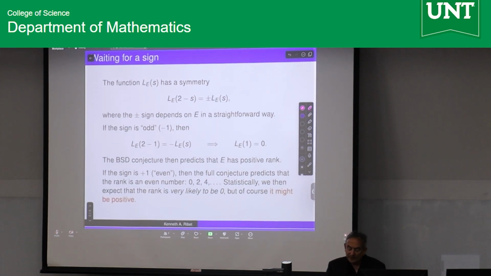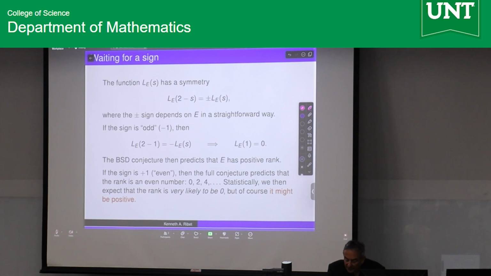But the thing I want to explain quickly, because I don't want to take too much time, is that the function has a symmetry, called a functional equation, where if you compare its value at 2 minus s, you get either the same as the value at s, this is for every s, or the negative of the value at s, and whether it's the number or the negative depends in a pretty simple way on the equation of the elliptic curve.